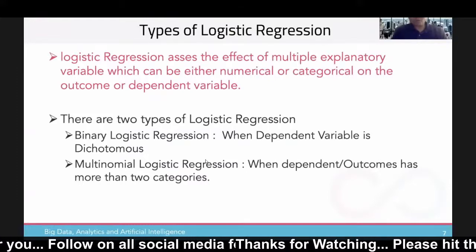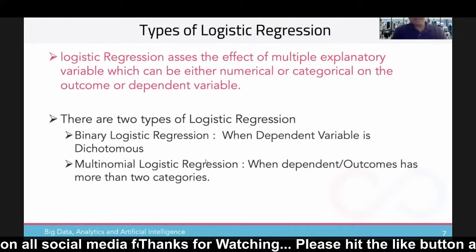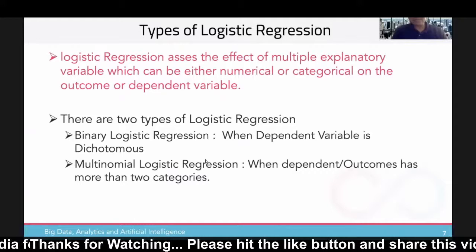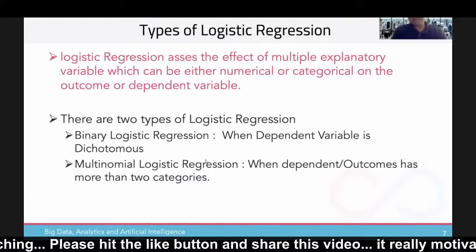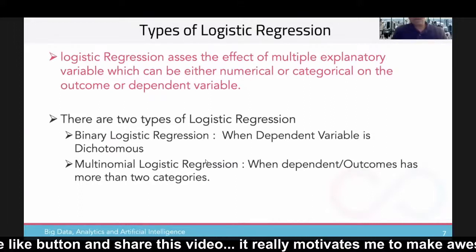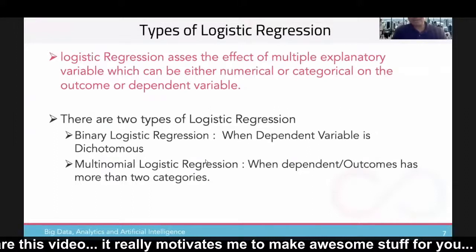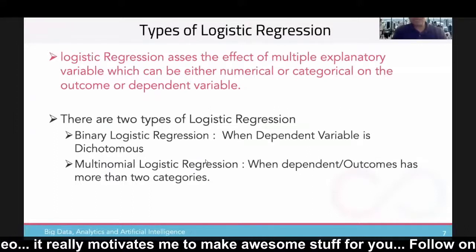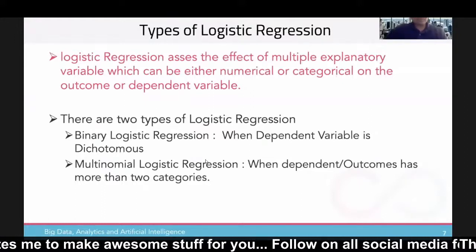What that means is, these are the explanatory variables which define the categories. They can be either numerical or categorical. Either it can be 0 or 1, or it can be a color, red or blue, or it can be trace sensitive or not. We will come to more examples in later slides.